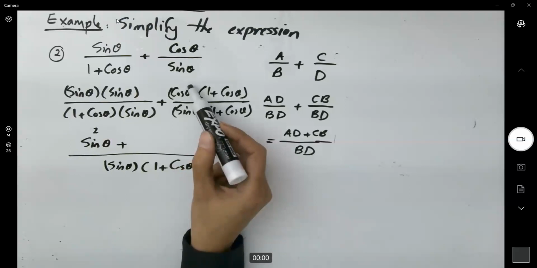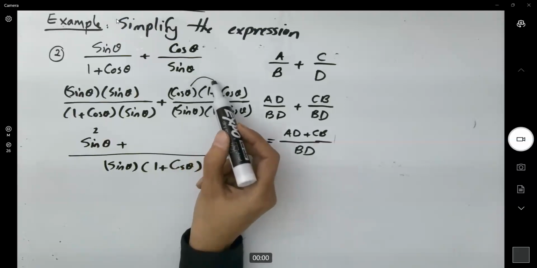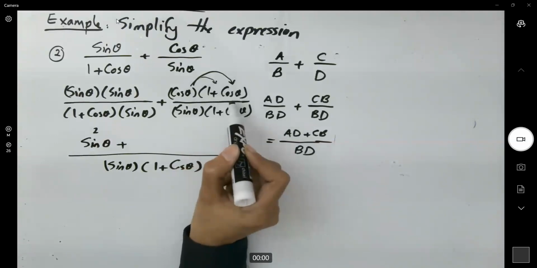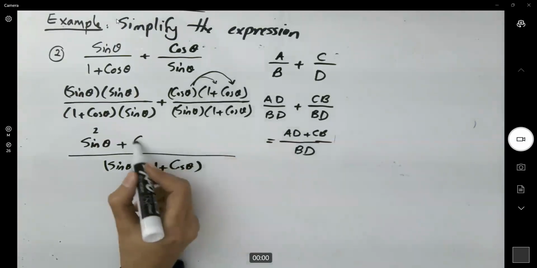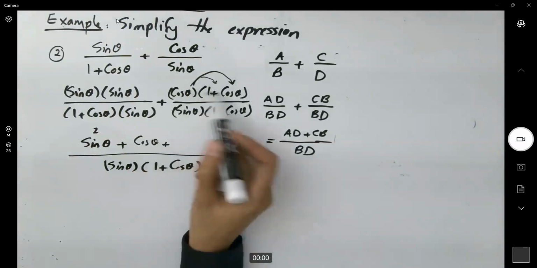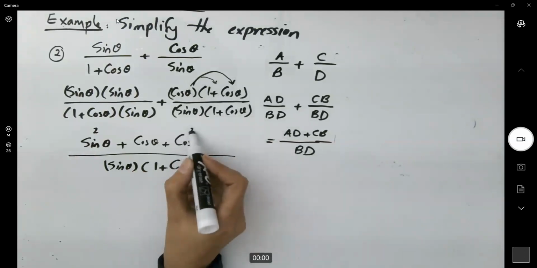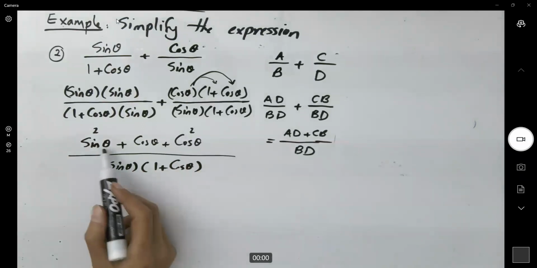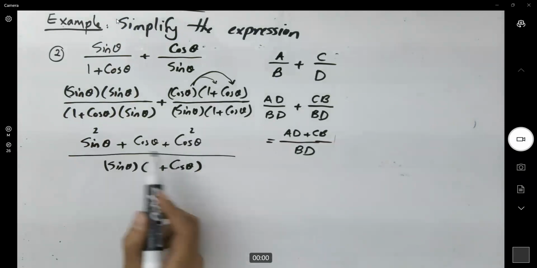Well, guys, from algebra, we can distribute cosine into the binomial expression here. So you get cosine theta plus cosine times cosine, cosine squared of theta. Well, okay. I have a sum of sine squared plus cosine squared.